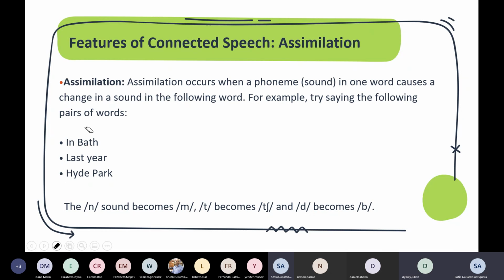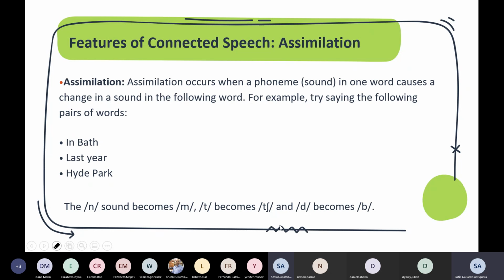So if we read it separately, it would be in bath, but with assimilation, we change it and we say imbath. It's like the letter N is not there, right?